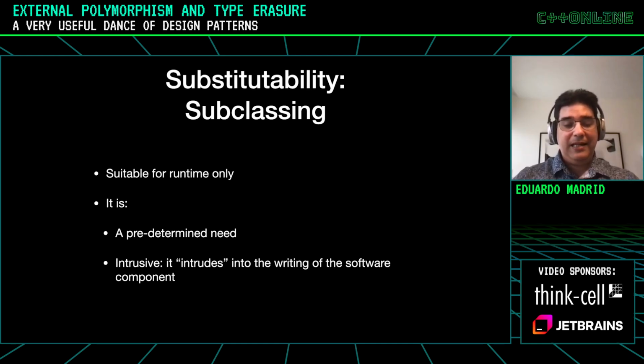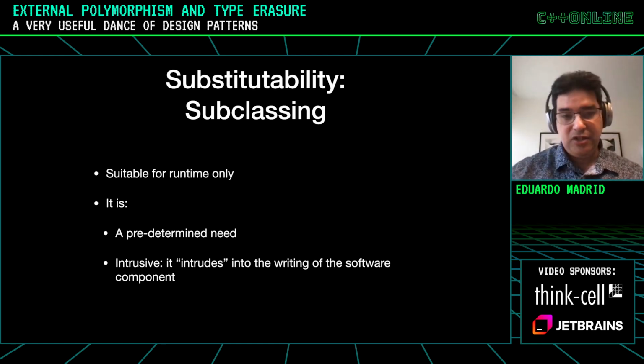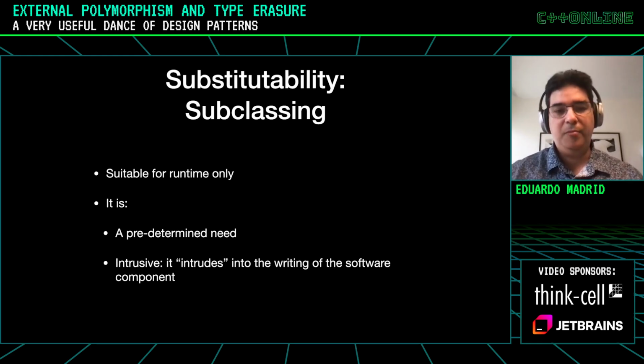In that regard, it is intrusive in that it gets into the writing of the software. It forces to make changes. You cannot have just a perfectly well-contained type. If you wanted to participate in subclassing, then you need to explicitly inherit from the right base classes. And that is something that changes the thing only for the purposes of substitutability.